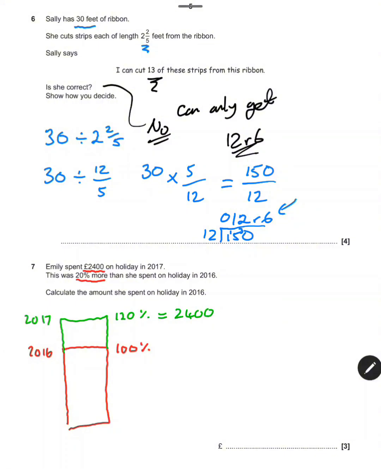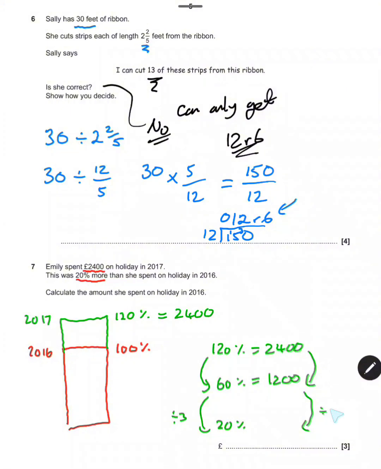And that came out at 2,400. So if we know 120% is 2,400, what we're looking to do is scale this down to find my 100%. Several ways to do this. I like to just kind of halving to start with, just get a feel for the numbers. 60% would be 1,200. Just halving and halving. I might divide by 3 this time to give me 20%.